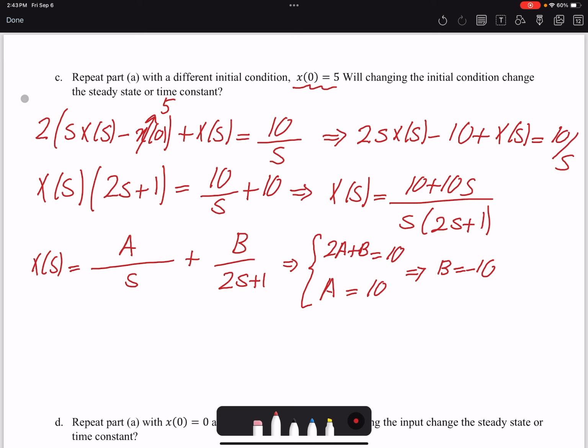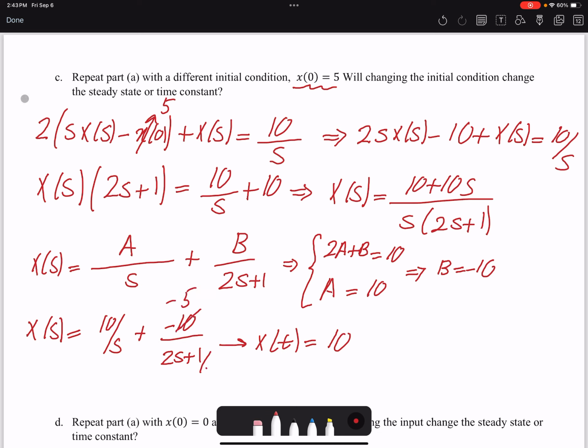Now I can have my function Xs as 10 over s plus negative 10 over (2s plus 1). Finding x(t) would be 10 for the Laplace inverse, and again I can divide everything by 2. The numerator would be negative 5, here would be 1 over 2, and then here would be simply 1.